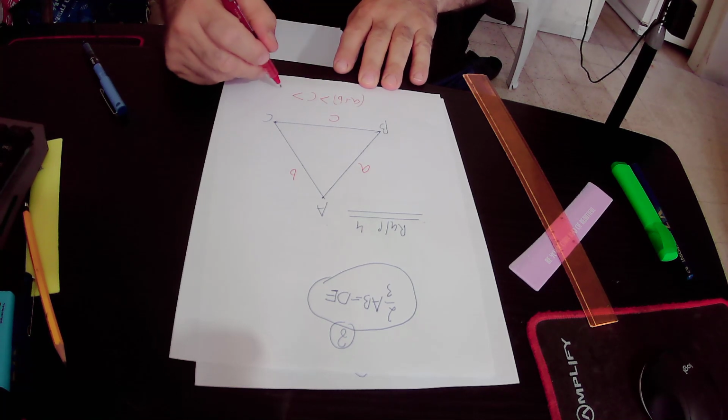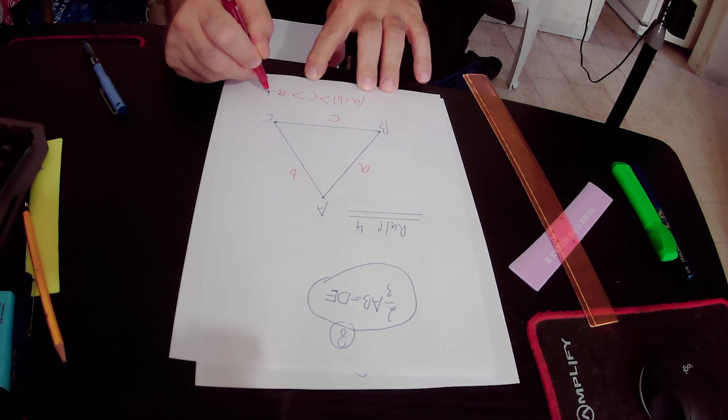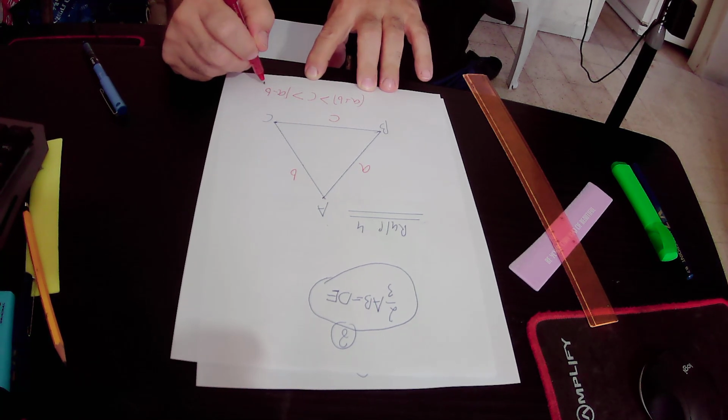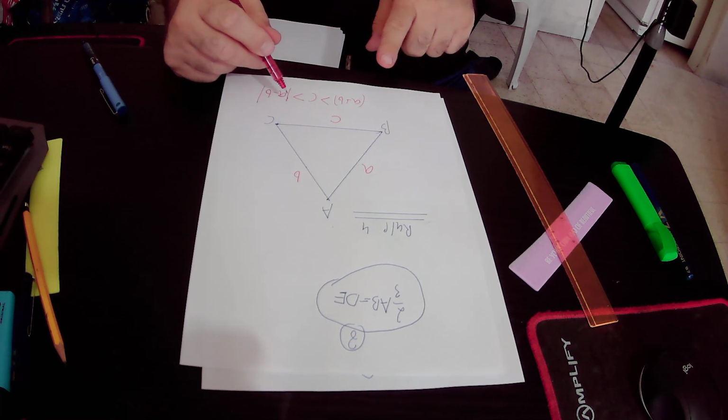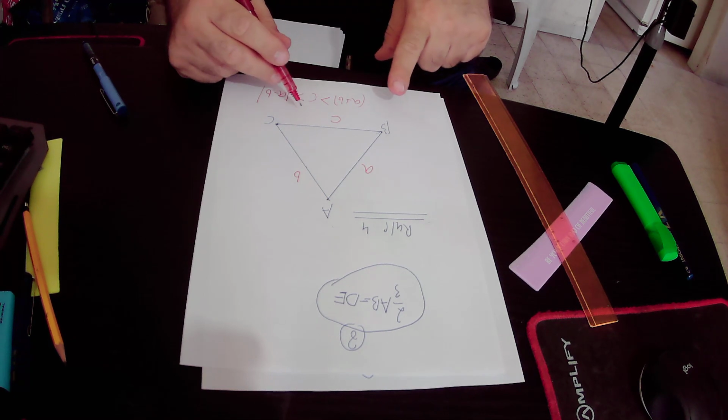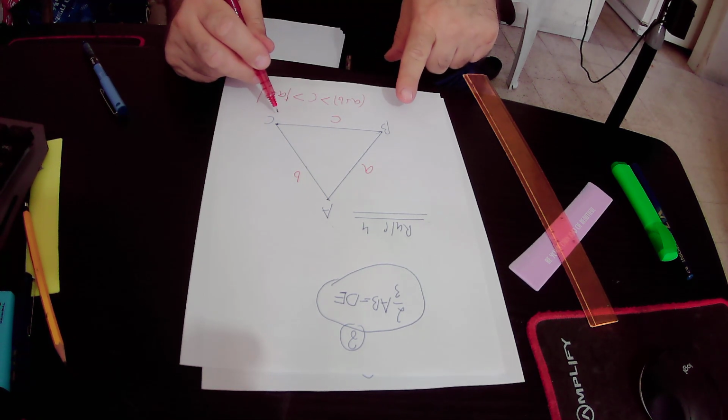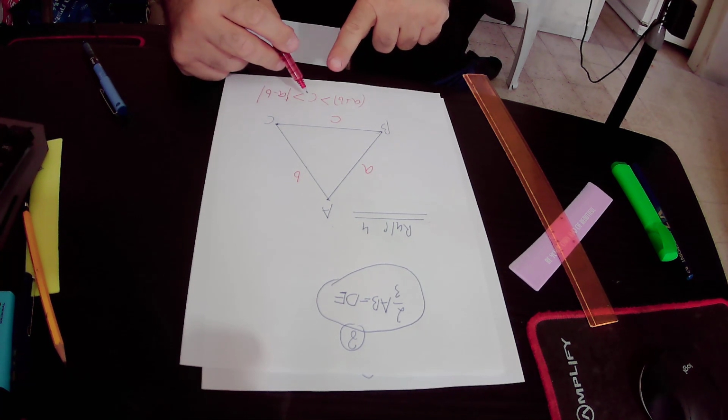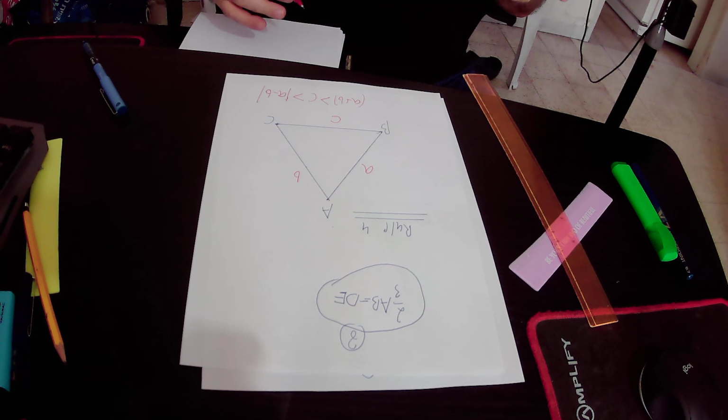That is to say, the absolute value of A minus B will always be smaller than the length of side BC of the triangle, that is actually C. So the rule states that the sum of two sides of the triangle will always be greater than the third side, while the difference between the lengths of two sides will always be smaller than the length of the third side. Okay?